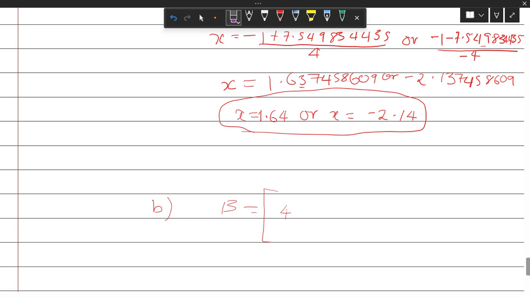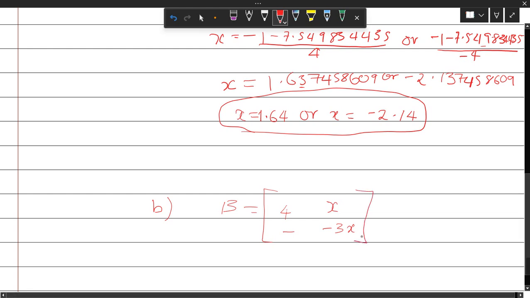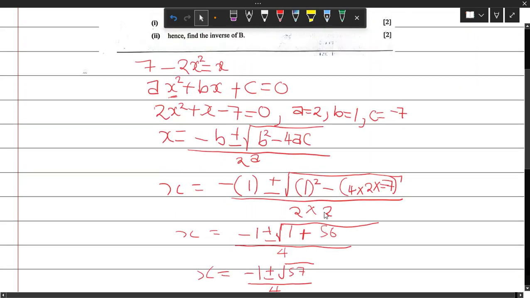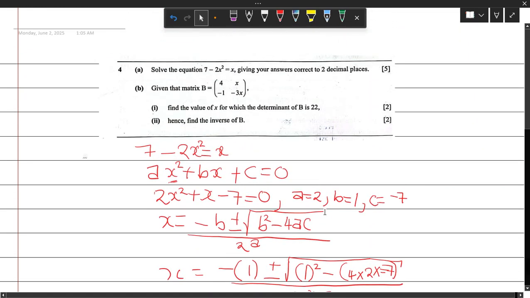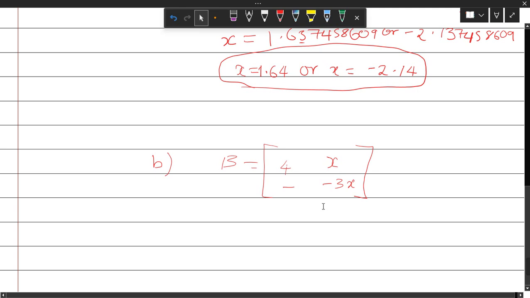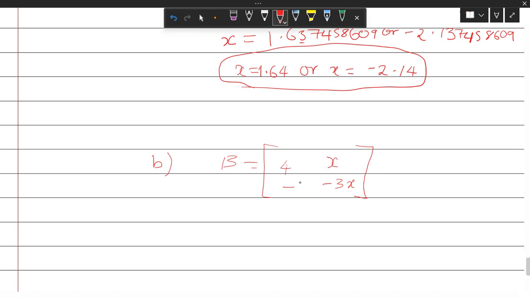Let me get my pen. There is x here, then negative 1, negative 3x, and we close the bracket. Let's quickly confirm: x, negative 1, negative 3. Okay, so we have negative 1 here.